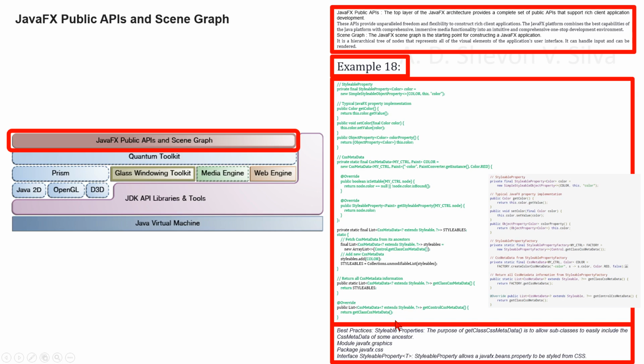Creation of stylable property and CSS metadata needs a lot of boilerplate code, and this can be reduced by using stylable property factory. Stylable property factory contains a method to create stylable property with corresponding CSS metadata.